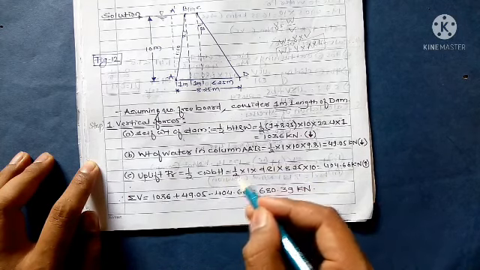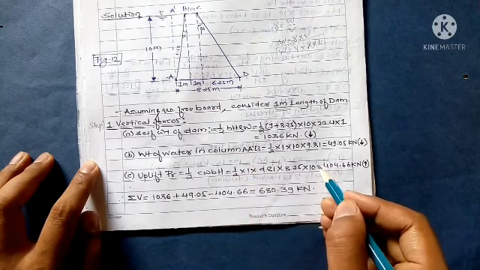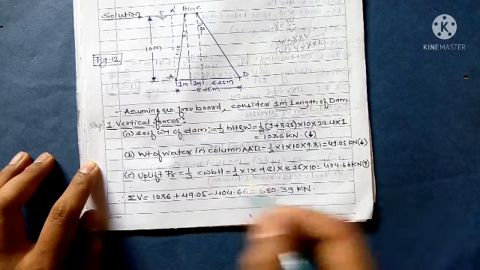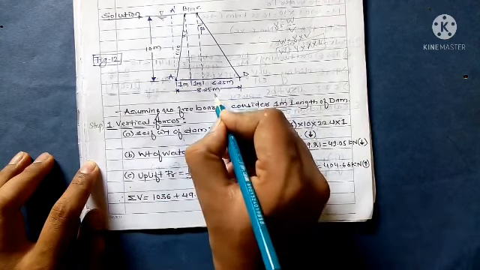So calculate this value, we get 404.66 kilonewton, that is uplift pressure act at upward.